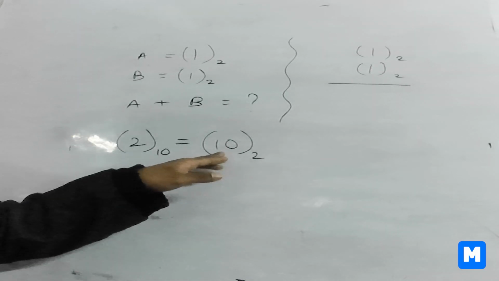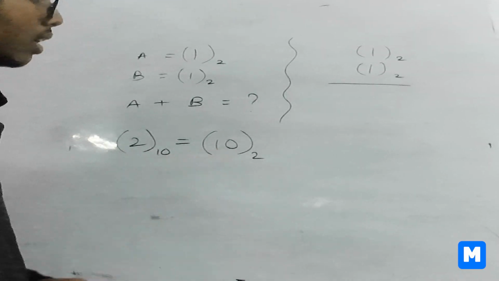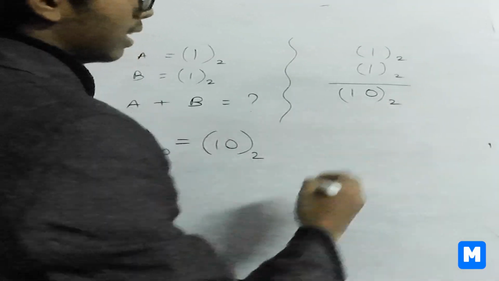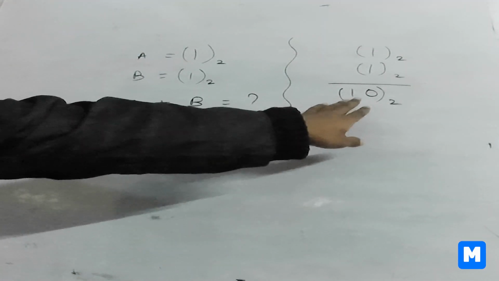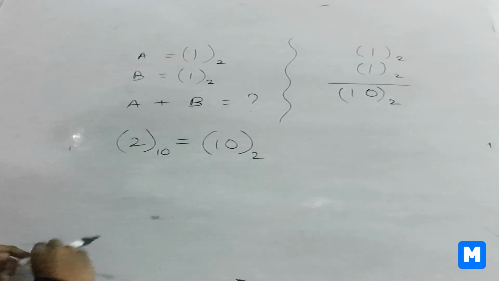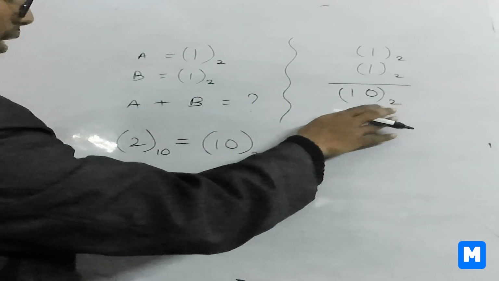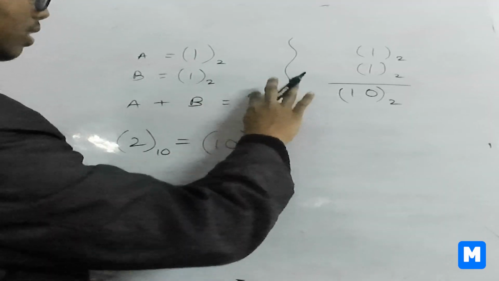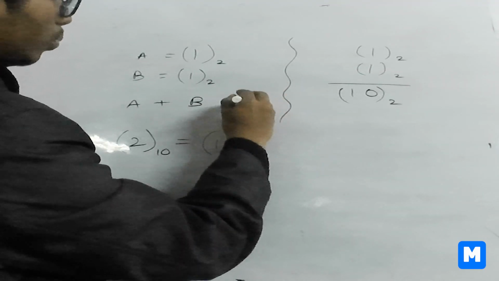So we write 10, again noting that we are dealing with binary. This is how we add basic numbers in a binary system. So this A plus B will be 10.